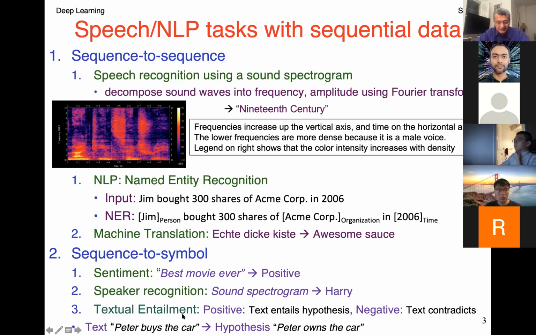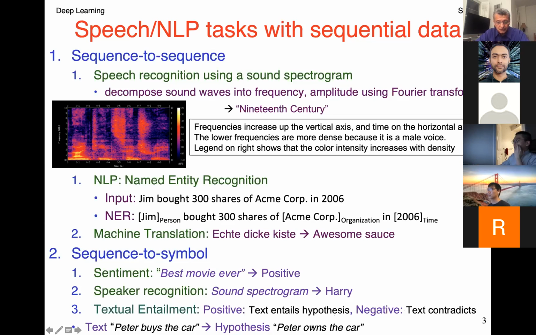And there could be a more complex sequence to symbol problem like textual entailment. Positive textual entailment means text entails hypothesis, and negative entailment means text contradicts hypothesis. The text could be like "Peter buys the car," and the hypothesis is that Peter owns the car.